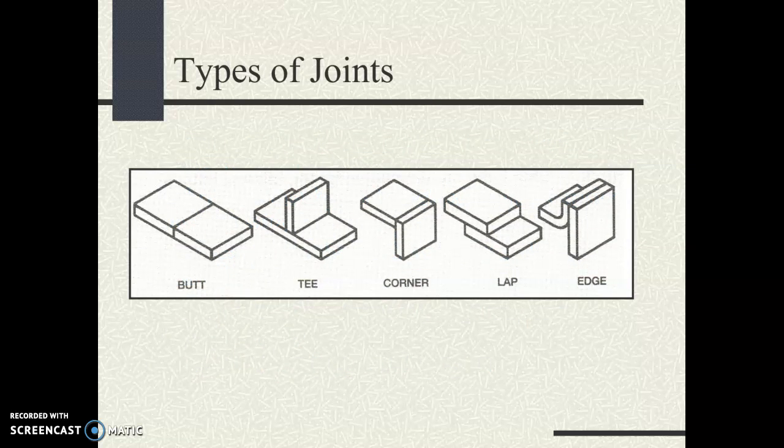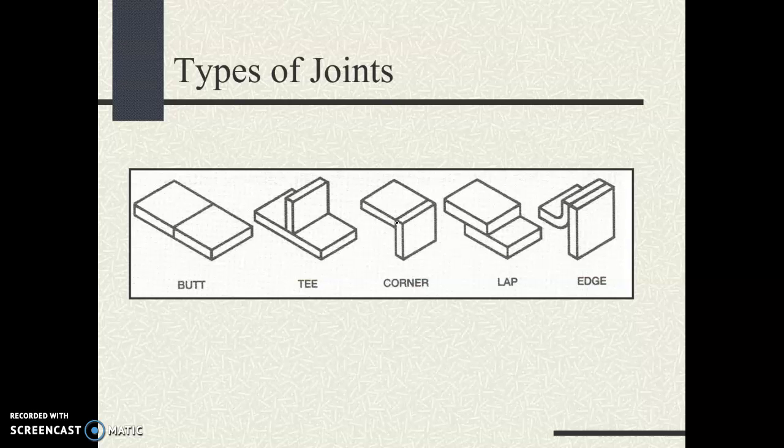So the first thing we need to know in order to understand weld symbols is to understand the ways in which two pieces of metal can be joined together. So we could just take two flat pieces of metal and butt them up against each other to create a butt joint. Or perhaps these two plates are meeting at a 90-degree angle to create a T-joint.